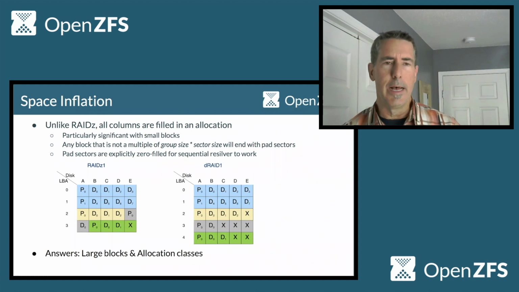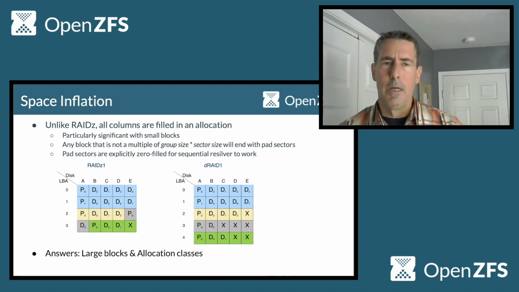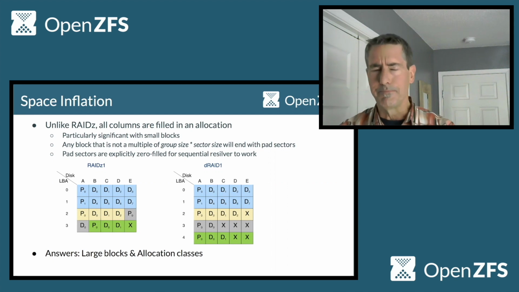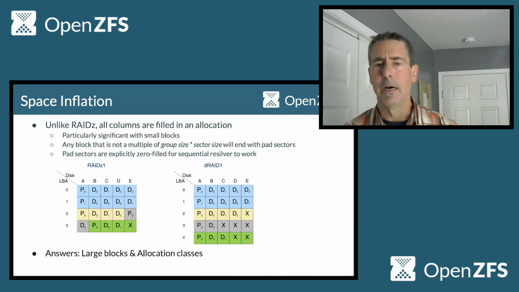Next, and finally, we had to deal with the issue of space inflation. This is a problem that is similar to the RAID-Z problem, where we have to allocate additional blocks to fill out the constraint for the actual allocation size, so parity +1 in case of RAID-Z.